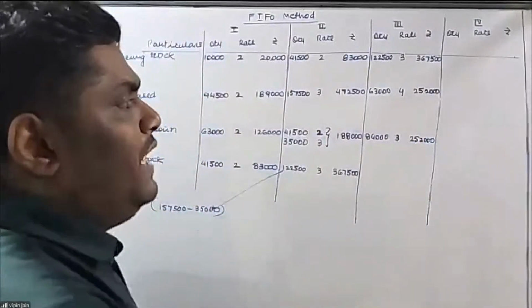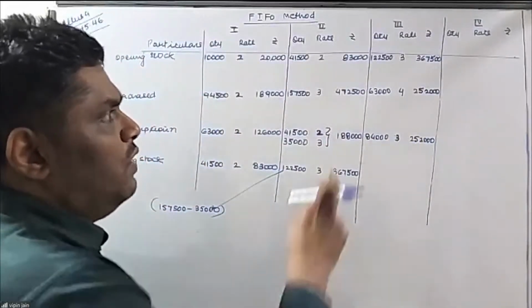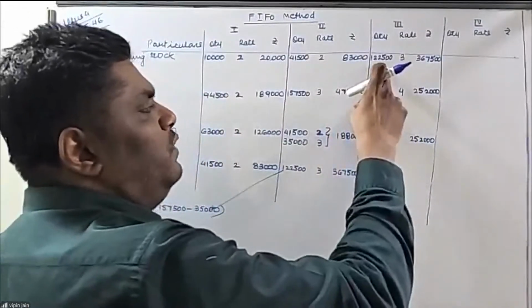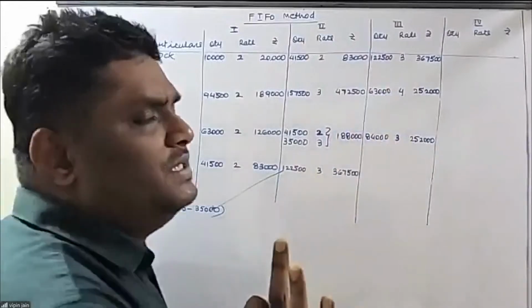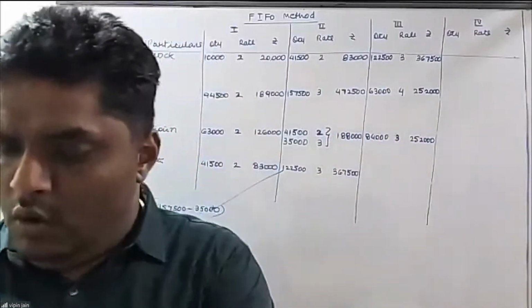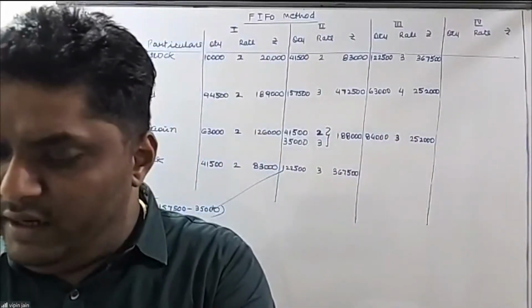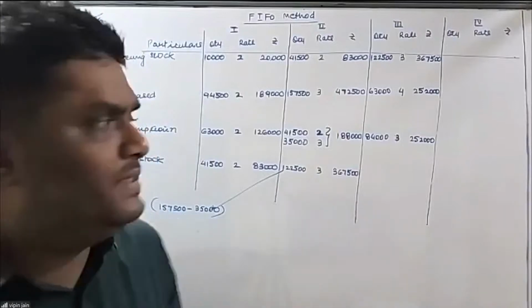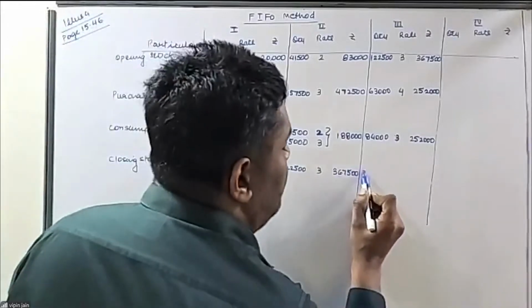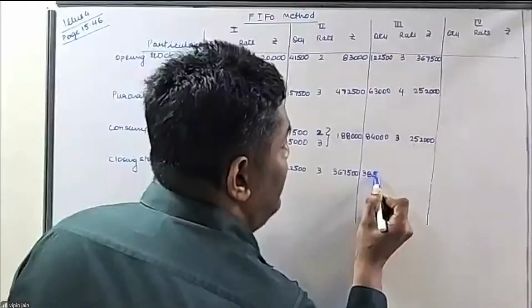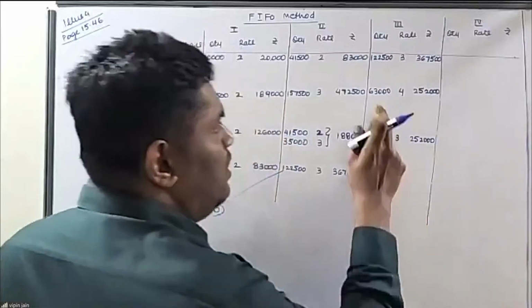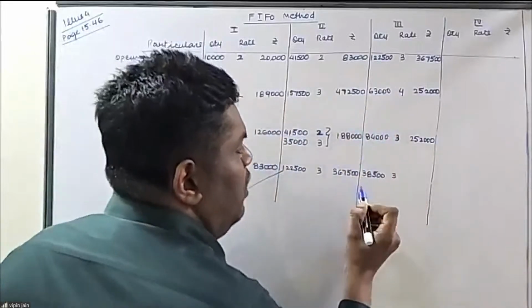Now when talking about the calculation of closing stock, of this 1,22,500, 84,000 is utilized. So we are left with only 38,500 from the opening stock, and this material is still not used.